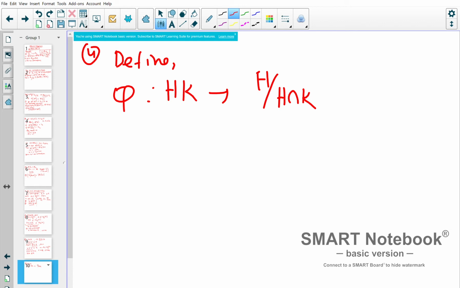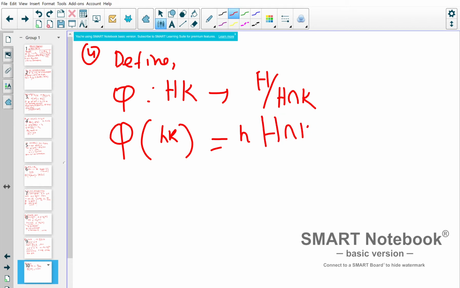So the natural map should be: you choose an element from here, which will be of the form h and small k, and you send it to h, the cosets of H. Okay, clear? So this is the obvious map.